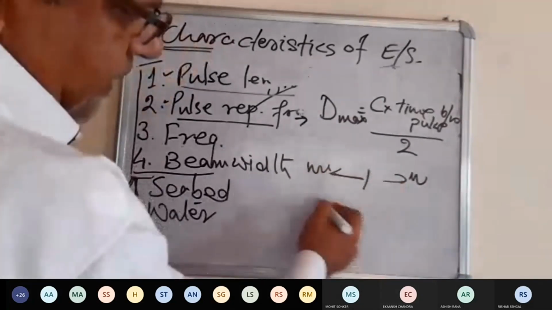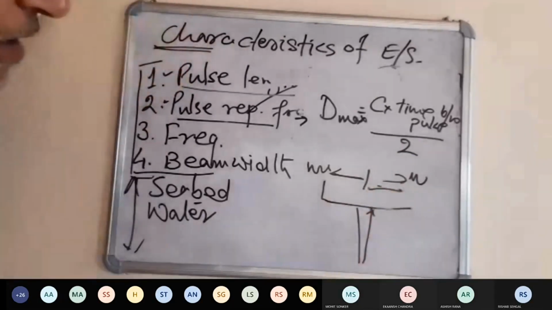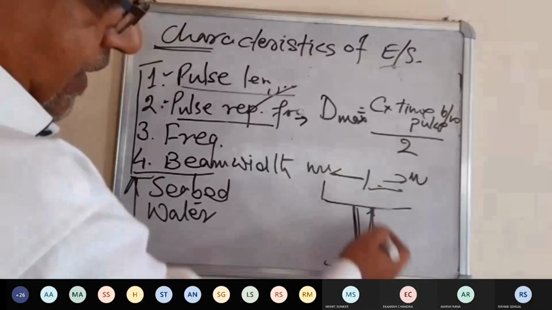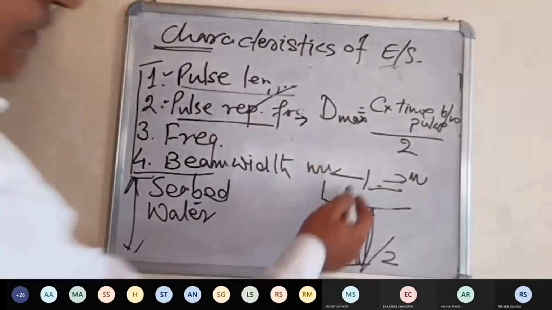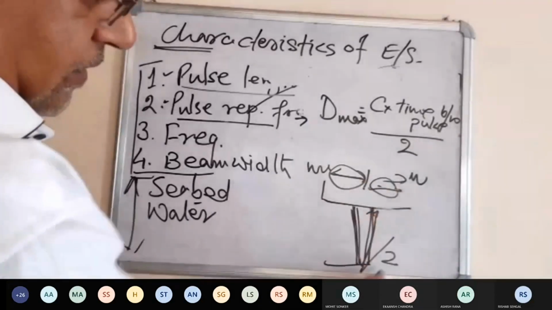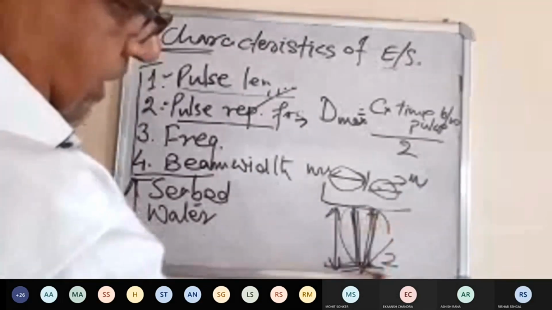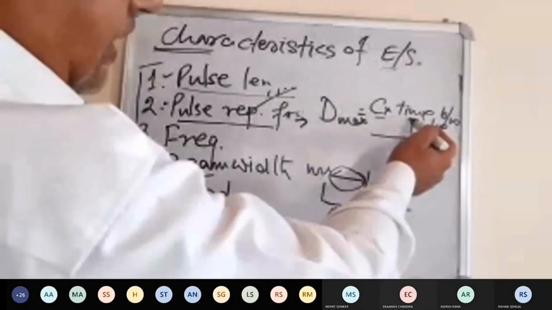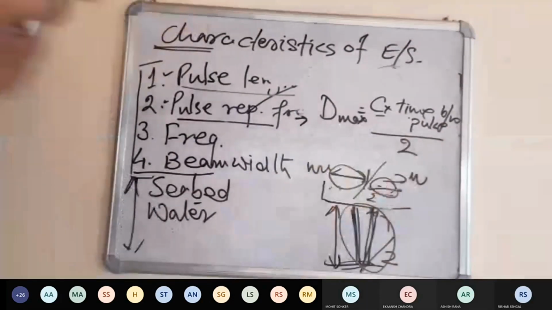Half the time will be used in going, half the time in coming back. So the total distance divided by 2 will be the D maximum. This is the maximum depth we can read: C into time between pulses divided by 2.